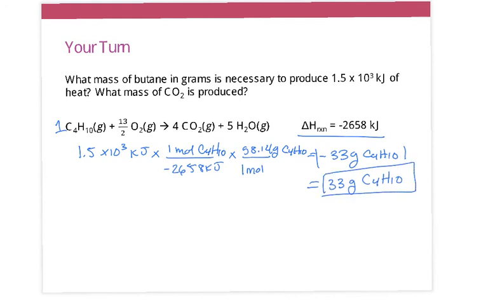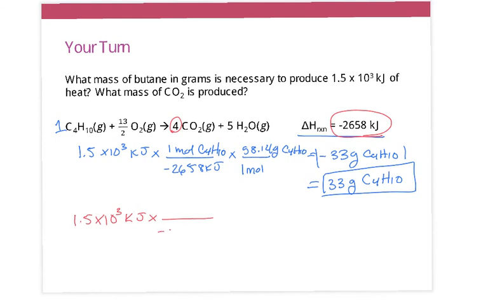Now, what mass of carbon dioxide do we produce if we combust this reaction? No problem. We start again with what we're given. We have 4 moles of carbon dioxide for this much energy. So that's our conversion factor this time.